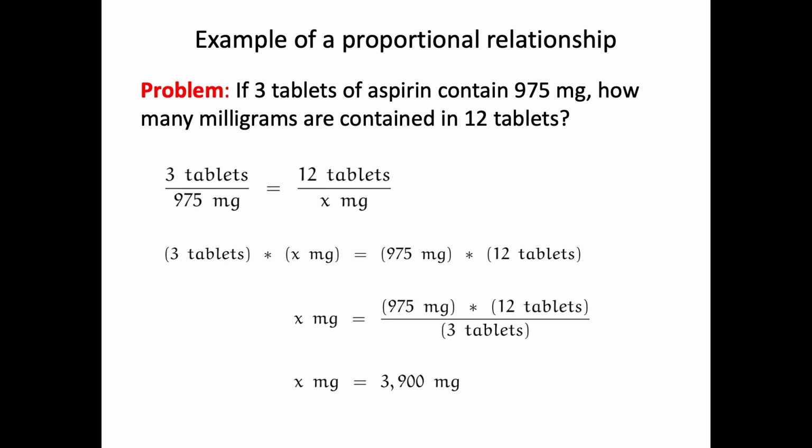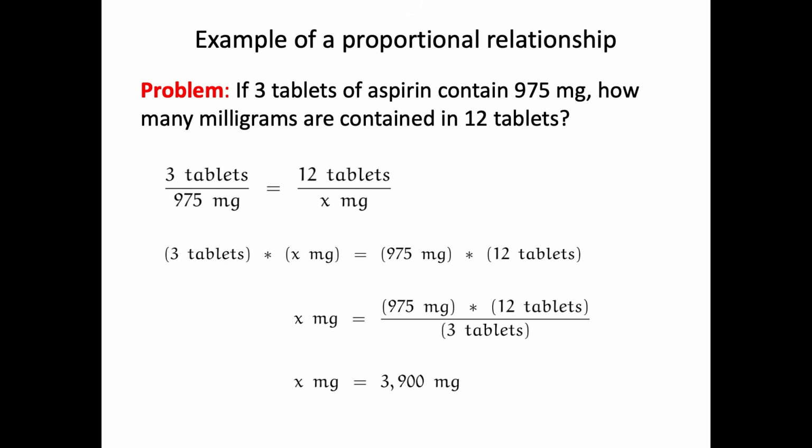We have tablets over milligrams. So let's set the number of tablets that we're interested in, in this case 12 tablets. So we put 12 tablets on top over some unknown, or X milligrams. What we're solving for is the milligrams of aspirin contained in 12 tablets, because I know in 3 tablets there's 975. So now I'll set that equal to 12 over X.